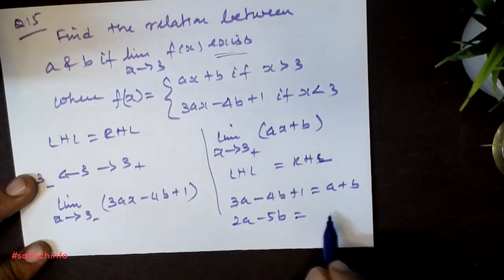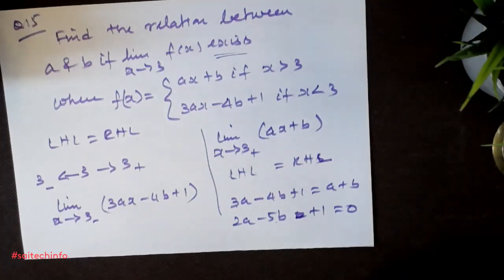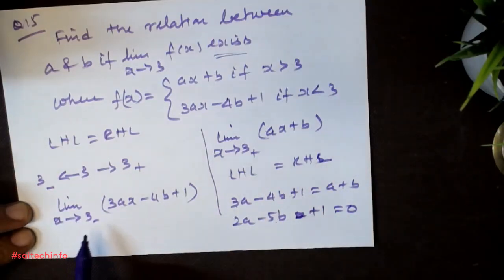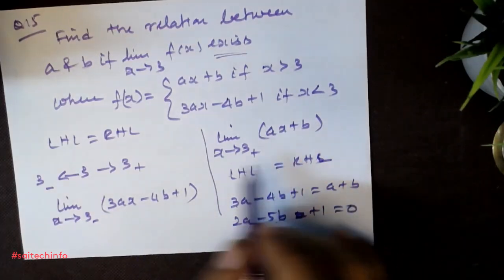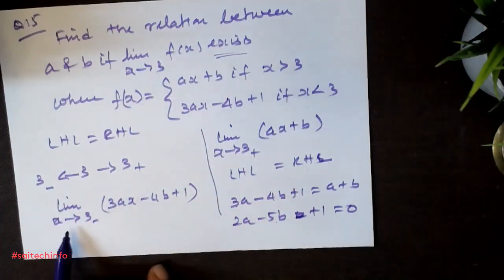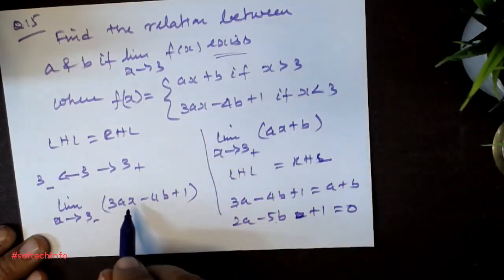Okay, otherwise you can retain it here and put 0. Okay, and here you have to introduce the, for 3ax you have to substitute 3. Okay, so I left that one.